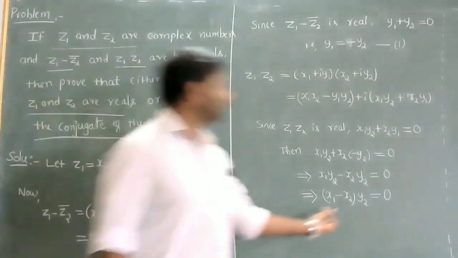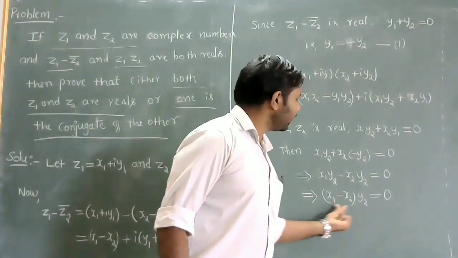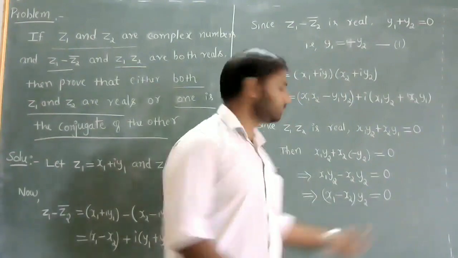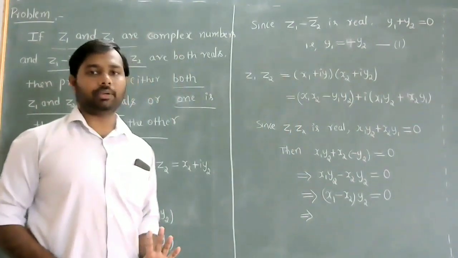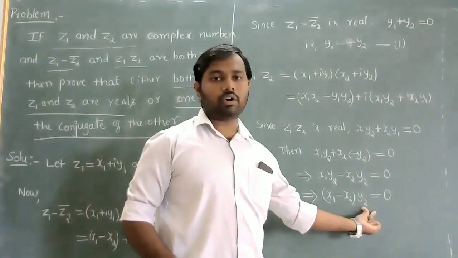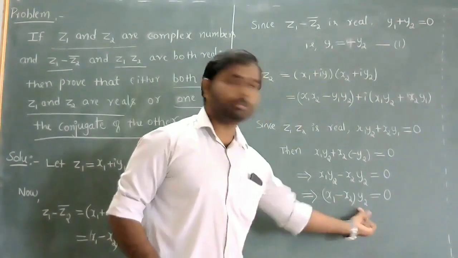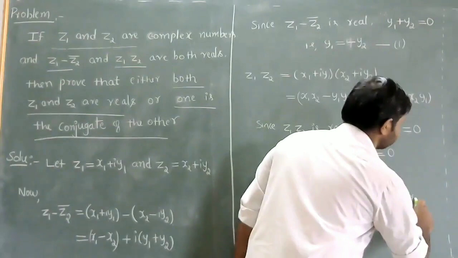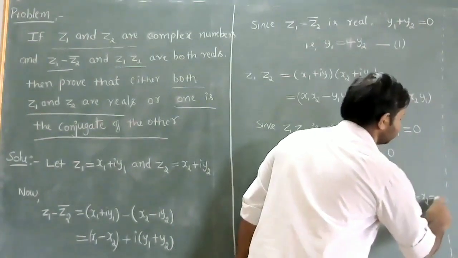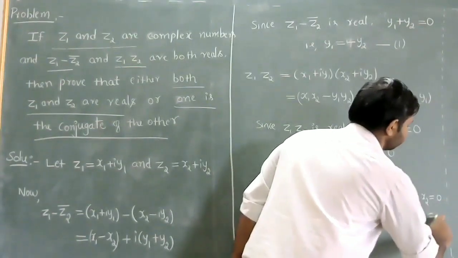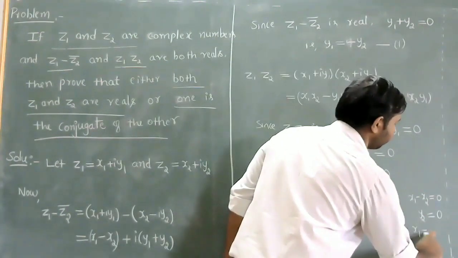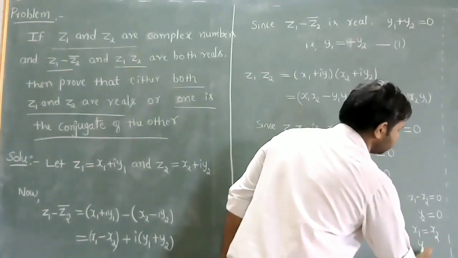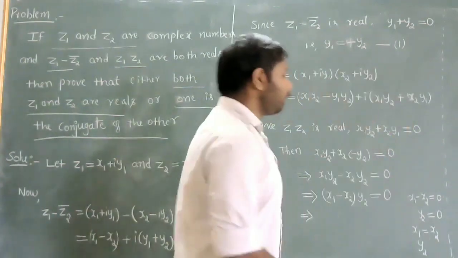Now we have product of two real numbers equal to 0. So what does it mean? Any one of these two has to be 0. Both can also be 0. So what happens if both x1 minus x2 is 0 and y2 is 0? Then x1 will be equal to x2, and y2 will be 0.